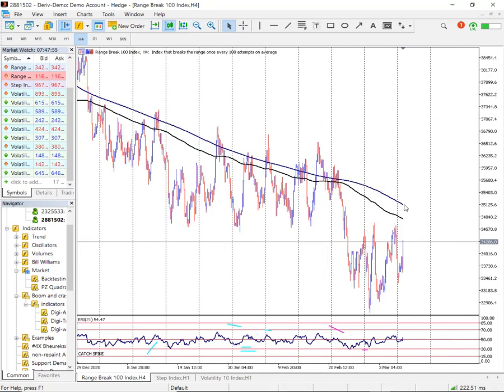That's the reason why spike range breaks are not very good unless you have a good account. Volatility 75 is volatile but not spiking. But this one is volatile and at the same time spiking. That becomes very dangerous, because anytime you can find yourself 30, 40 pips down in just one spike.